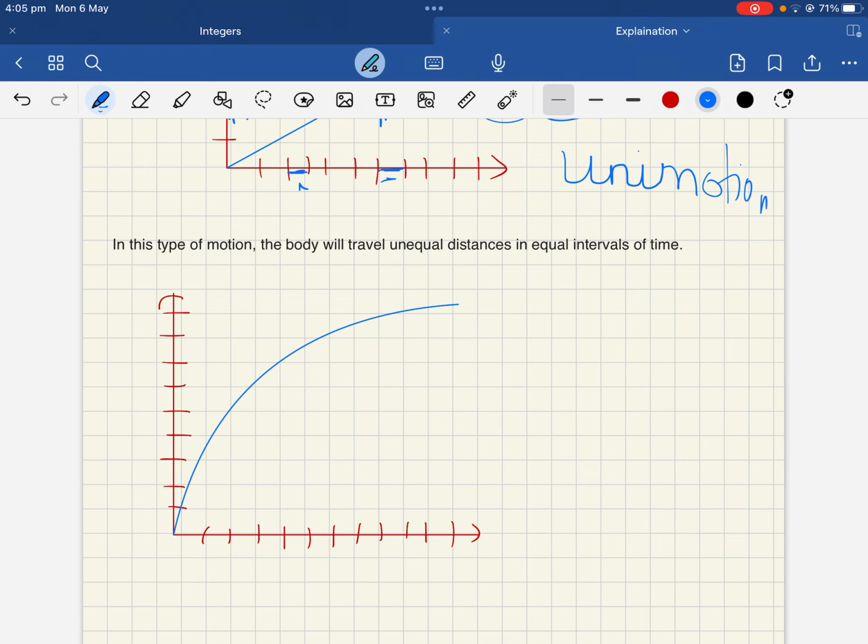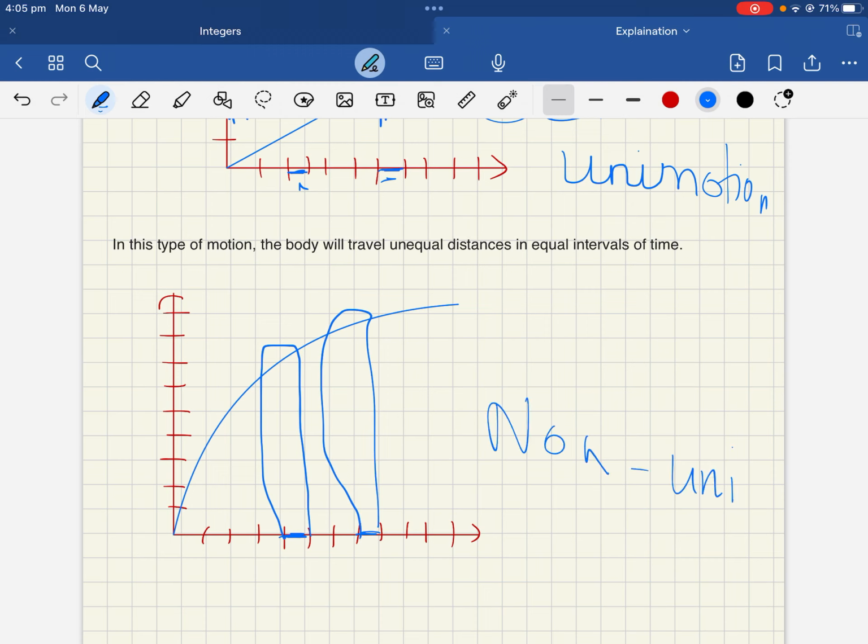Is the distance or time taken equal? No, right? Thus, this is non-uniform motion. It can be unequal distances in equal intervals or equal distances in unequal intervals of time. Both will be non-uniform motion.